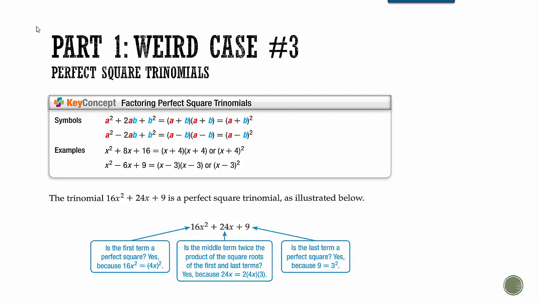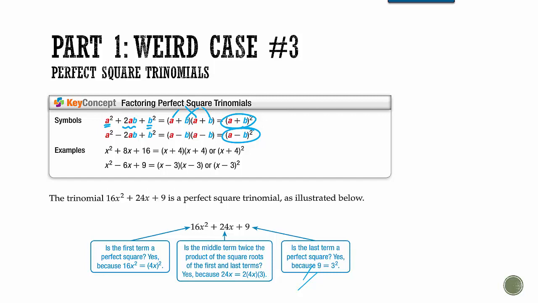So in this one, we have perfect square trinomials. These guys have 3 terms, unlike the ones we just got done doing. But these guys are perfect squares because we can write them in something that looks like this. Now when that happens, remember the pattern is your first thing's squared, your last thing's squared, and then in the middle is 2 times ab, so 2 times the 2 different terms that you have.